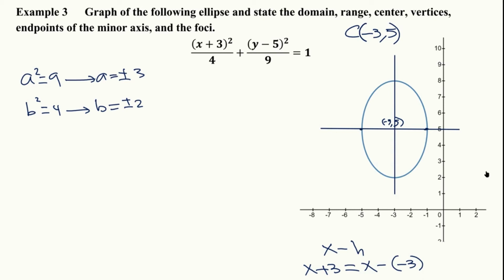You want to get these 4 points, right? And those are easy to get because you know that these two pieces that make up the major axis are going to be 3 units each, right?